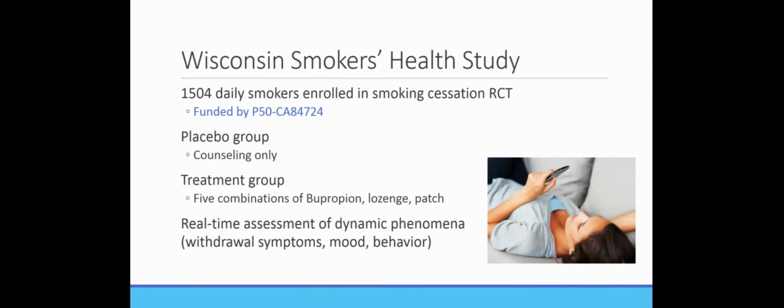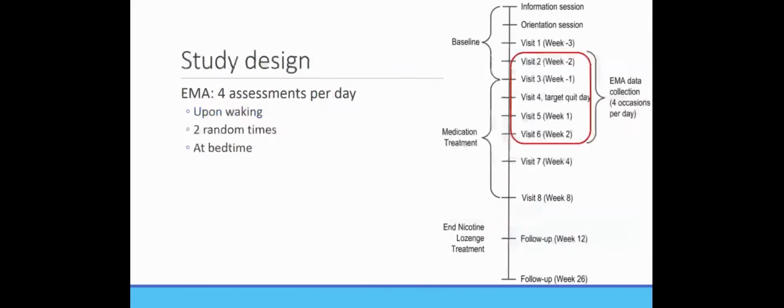Importantly, in this study, they did real-time assessments of the dynamic phenomena of interest: the withdrawal symptoms, mood, behavior, context, smoking bans, anything that might be relevant to their momentary risk of smoking lapse were assessed in real time on a mobile device.